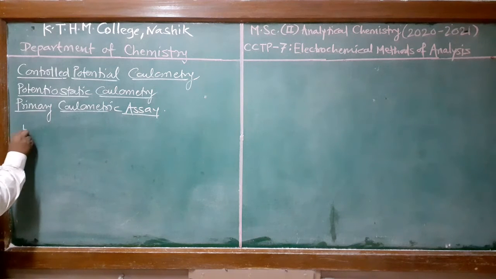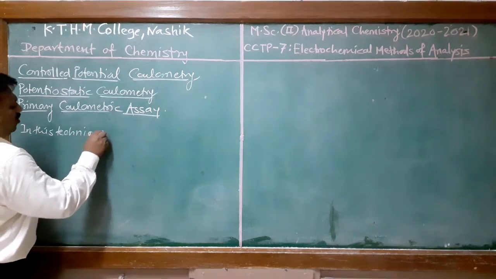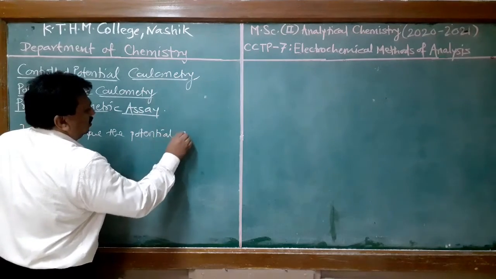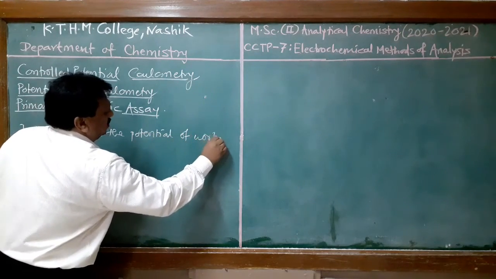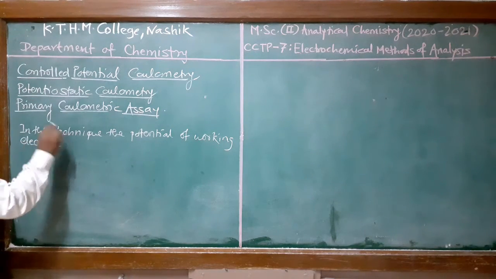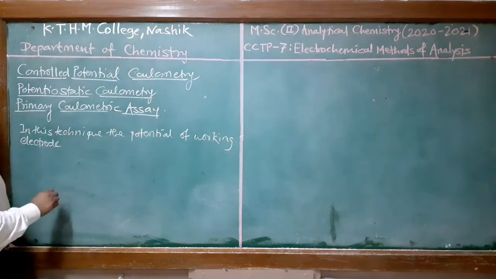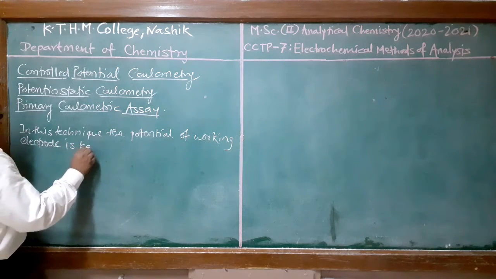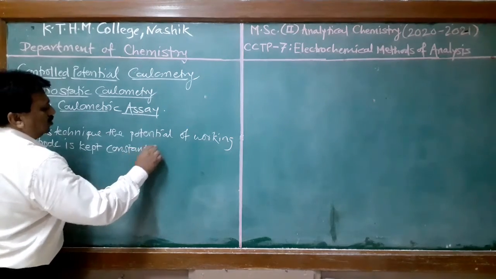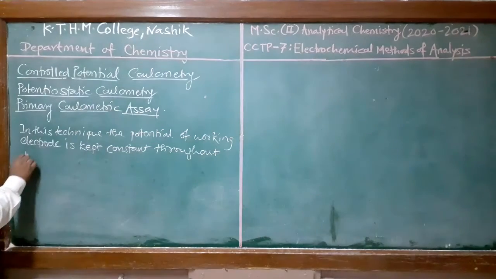We know that in this technique, the potential of working electrode, the electrode on which analyte reaction is carried out, is kept constant or maintained constant throughout the electrolysis process.